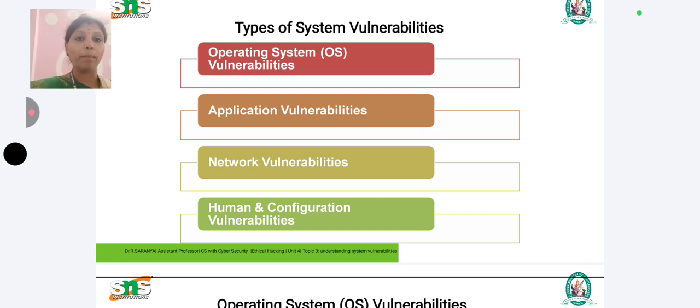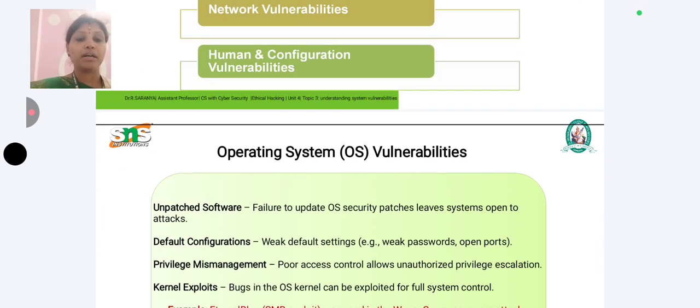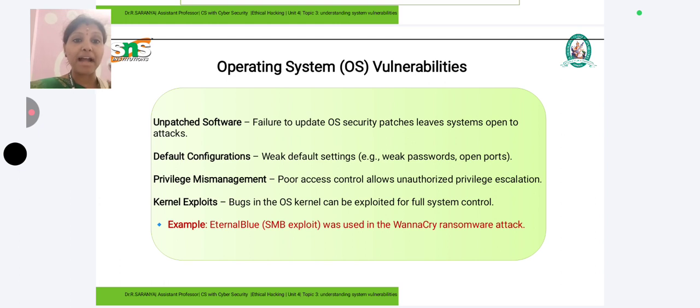Now let us see operating system vulnerabilities. In that we have unpatched software, default configurations, privilege mismanagement, and kernel exploits. Unpatched software is a failure to update OS security patches, which leaves systems open to attacks. Default configurations, like weak default settings and weak passwords, cause open port issues.